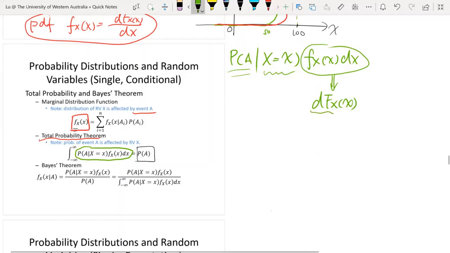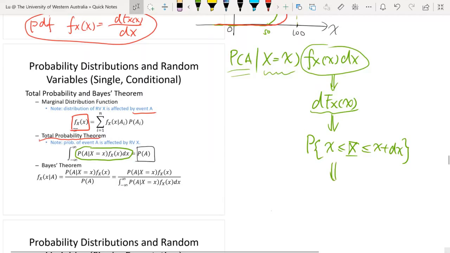And this small change of the CDF function value is actually the probability that the random variable X falls into the small region between x and x plus dx.